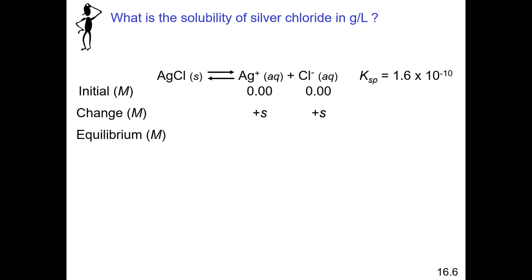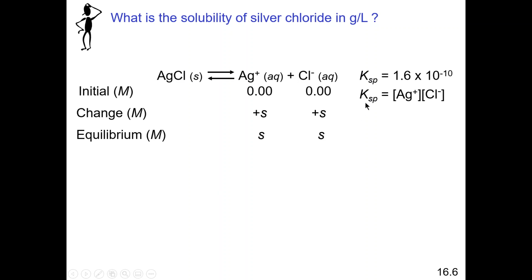That S will be equal to the solubility because whatever amount of silver chloride goes into solution, mole-wise, that would be the same as the concentration of silver ions and chloride ions because of the 1:1:1 ratio between the silver chloride, silver ions, and chloride ions. So at equilibrium, the concentration of silver ions would be S, and the concentration of chloride ions will be S.